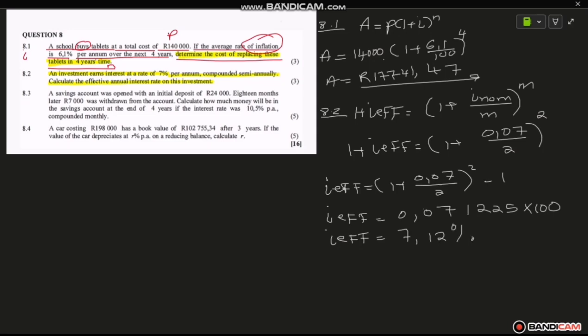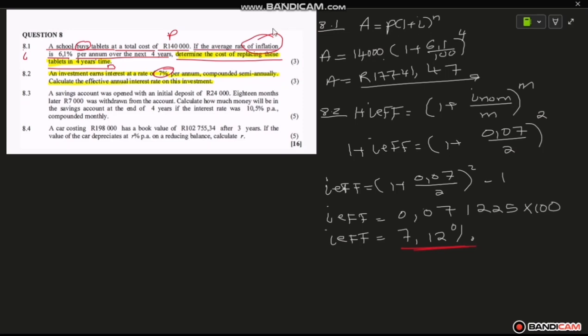And this is the money that the investment earned. And the one on the statement is the annual nominal interest rate, the one that is advertised by the bank. I hope it makes sense, or any financial institution.